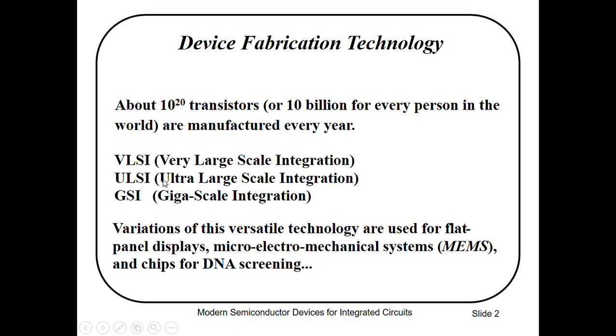ULSI stands for ultra large scale integration. GSI stands for gigascale integration. In actuality, all these terms are used to describe circuits and technologies of a wide range of size and complexity, and simply mean large integrated circuits.